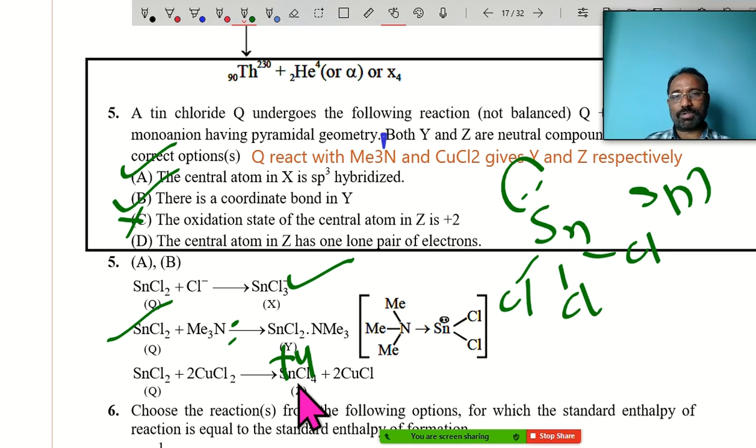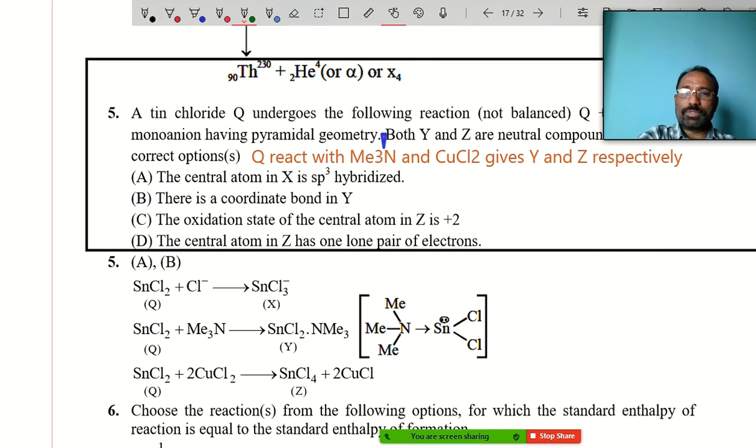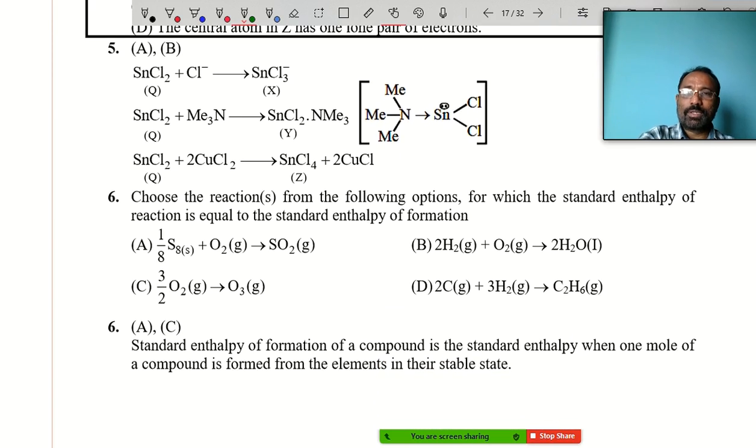All 4 electrons are participating in bond formation. Therefore, there is no lone pair of electrons. Therefore, D is a wrong statement. Therefore, right answers are A and B only. Next, see question number 6.